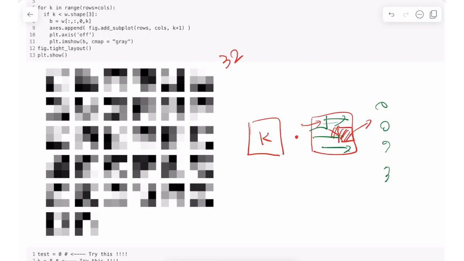But the idea is that the optimized kernel is exactly the kernel we showed right here, but we don't know why our neural network uses this kernel as the optimized kernel to perform the handwriting prediction.